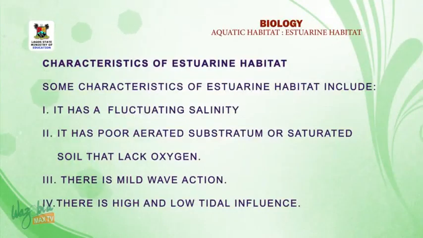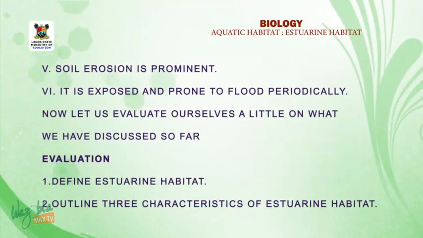2. It has poorly aerated substratum or saturated soil that lacks oxygen. 3. There is mild wave action. The wave action that occurs there is mild. 4. There is high and low tidal influence. 5.